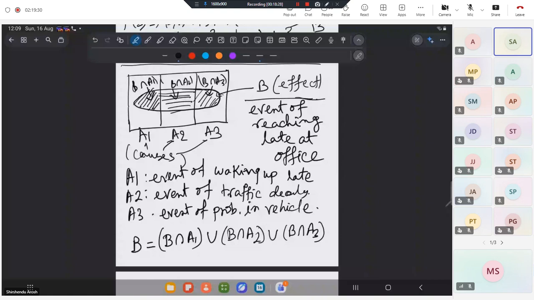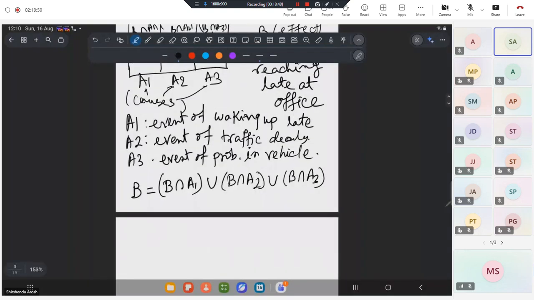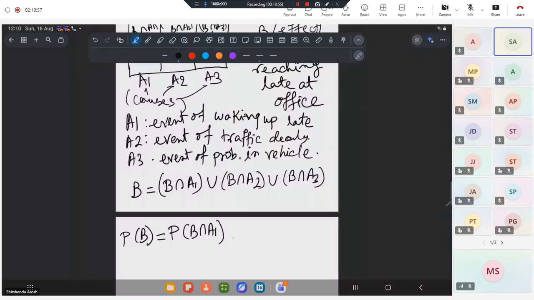Now, since these three events are mutually exclusive and collectively exhaustive, if you expand the union, the intersection terms should be there, and they should be zero because these are mutually exclusive events. So if I take the probability of B, it will come as P of B intersection A1 plus P of B intersection A2 plus P of B intersection A3.